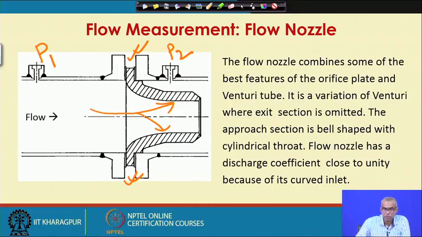As the flow approaches the nozzle, due to the flow restriction, velocity increases and pressure decreases. You measure the pressure drop across the nozzle and then using Bernoulli's equation you relate the flow rate with the pressure drop. So, the principle is very much similar to the orifice or venturimeter.